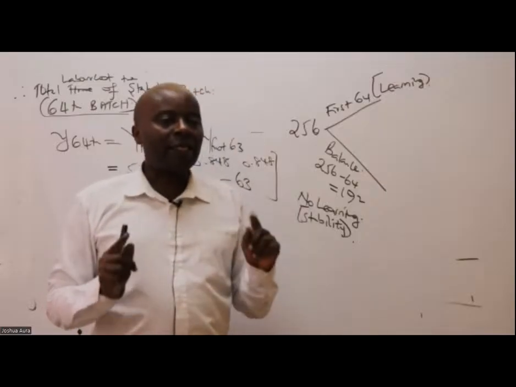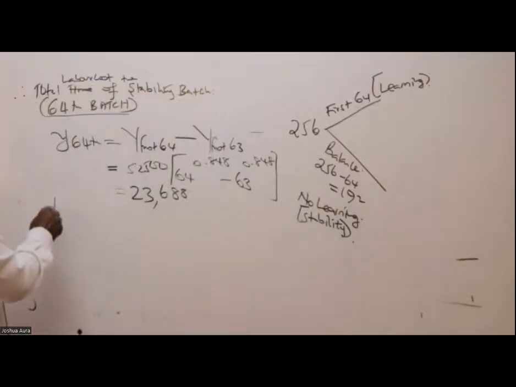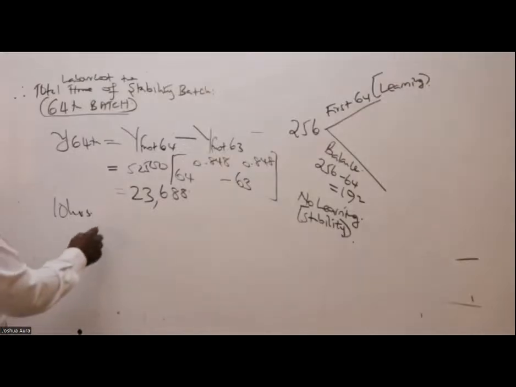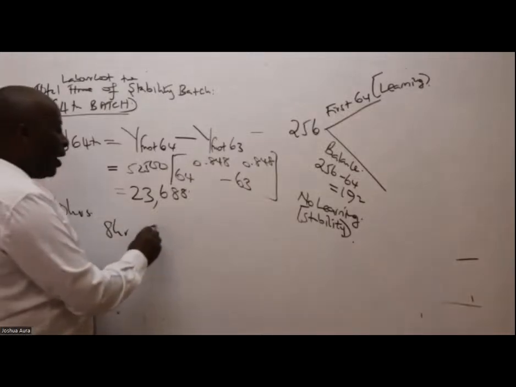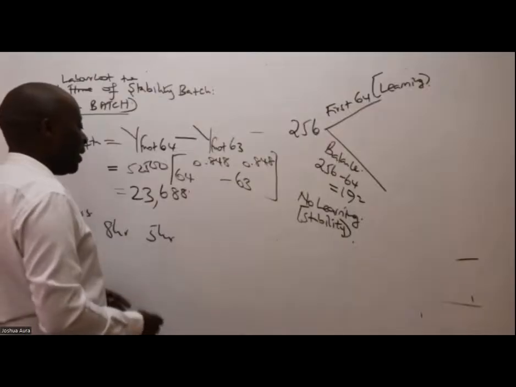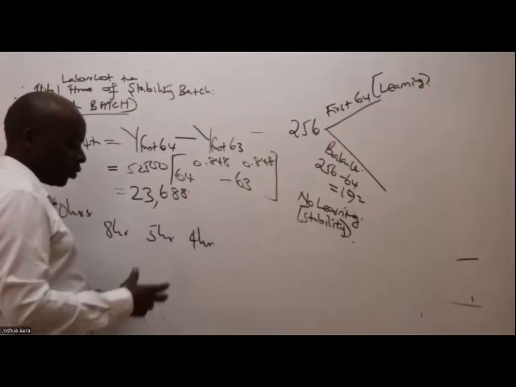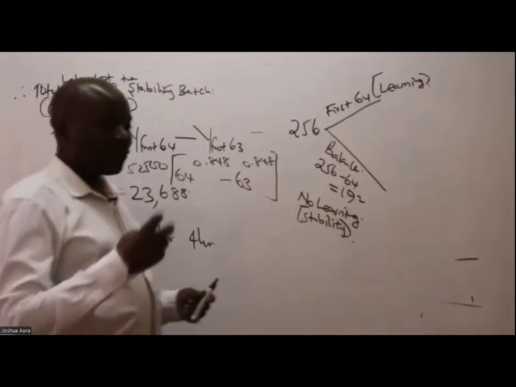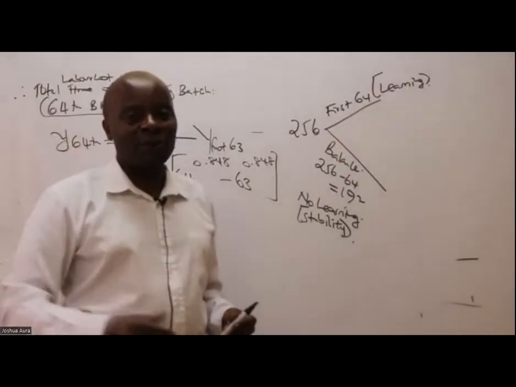It may take me even 10 hours. First table, 10 hours. Second table, because of experience, 8 hours. The third table, say 5 hours. The more I produce, the more experience I get. Another one, for example, 4 hours. So I'll continue learning and increasing my speed with the subsequent tables.